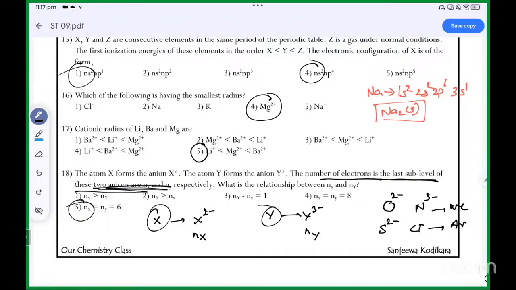If Y has taken more electrons, it should have a lower number of electrons in the last sublevel compared to X. But we have been asked about the anion. The anion electronic configuration should be equal, but we have to make an assumption here. The assumption is X and Y are in the same period.